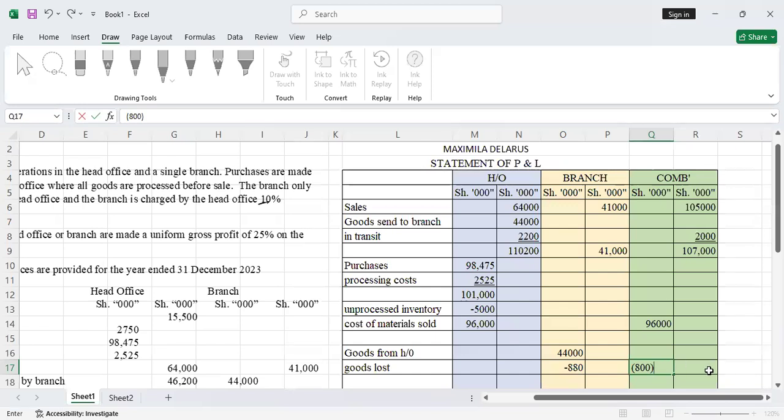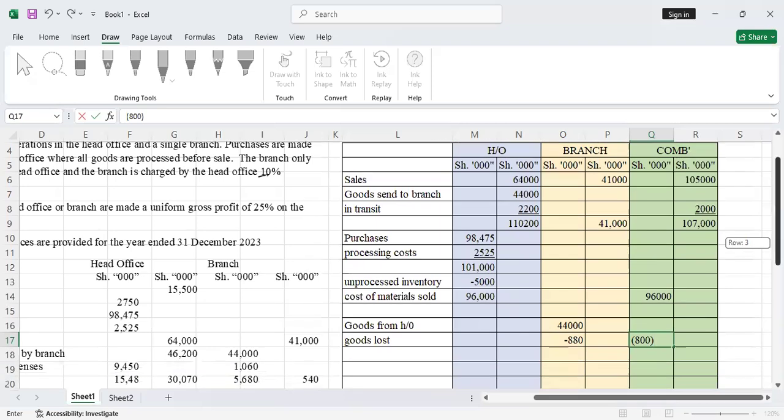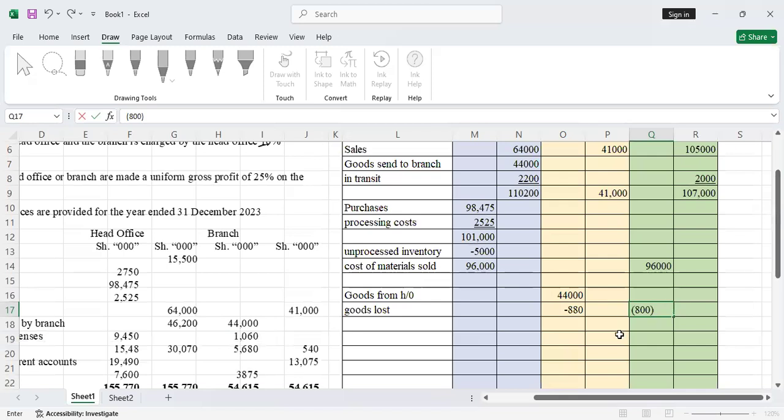So we have that. Now, we have to determine the gross profit, or we determine the cost of sales. If we have cost of sales, then we should be able to determine the gross profit. Now, right here, we have less those values.